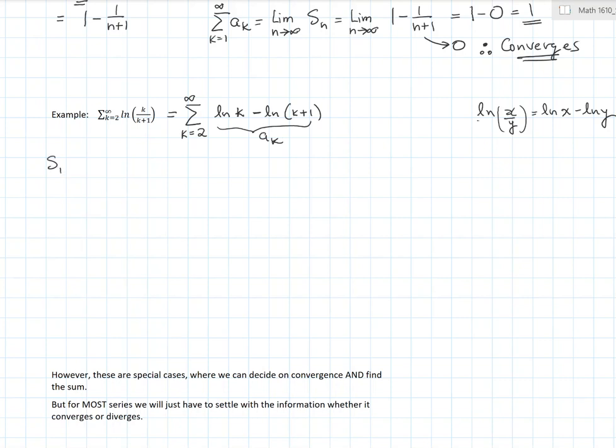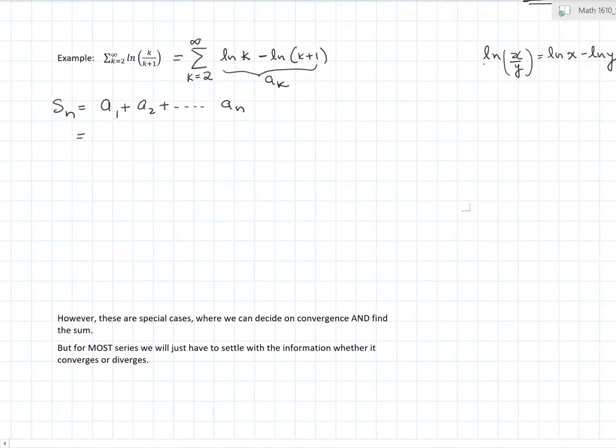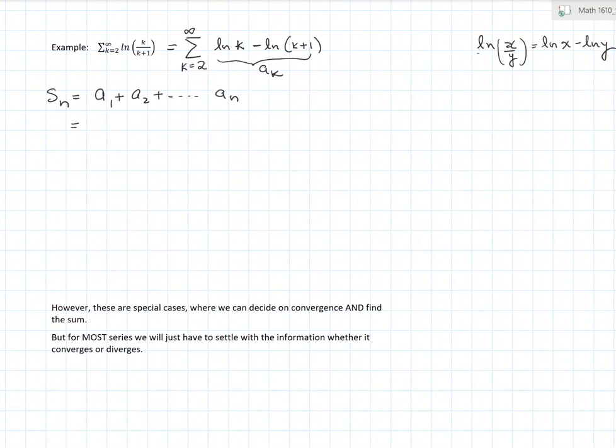So if I were to find Sn, which is a1 plus a2, summed up all the way till n terms, then we hope that something nice shows up. So let's write a1.